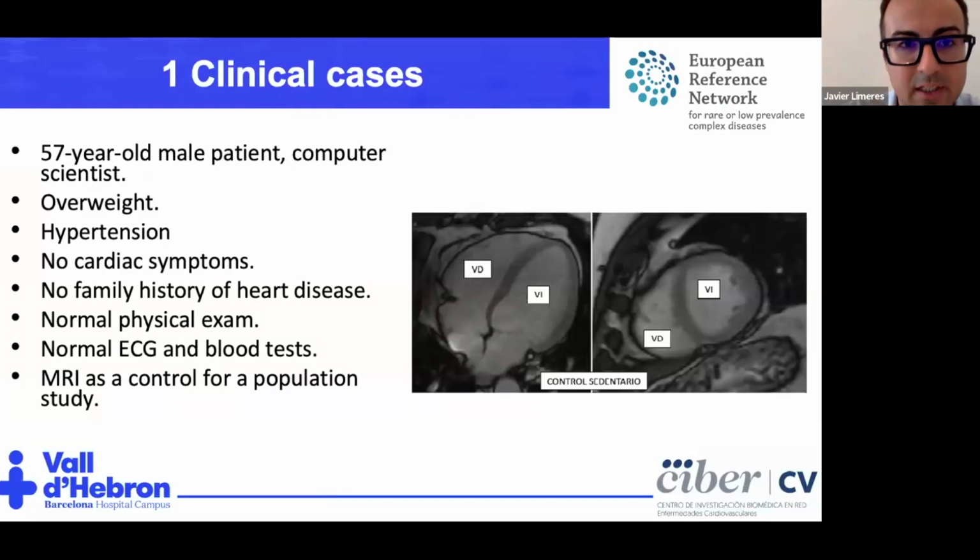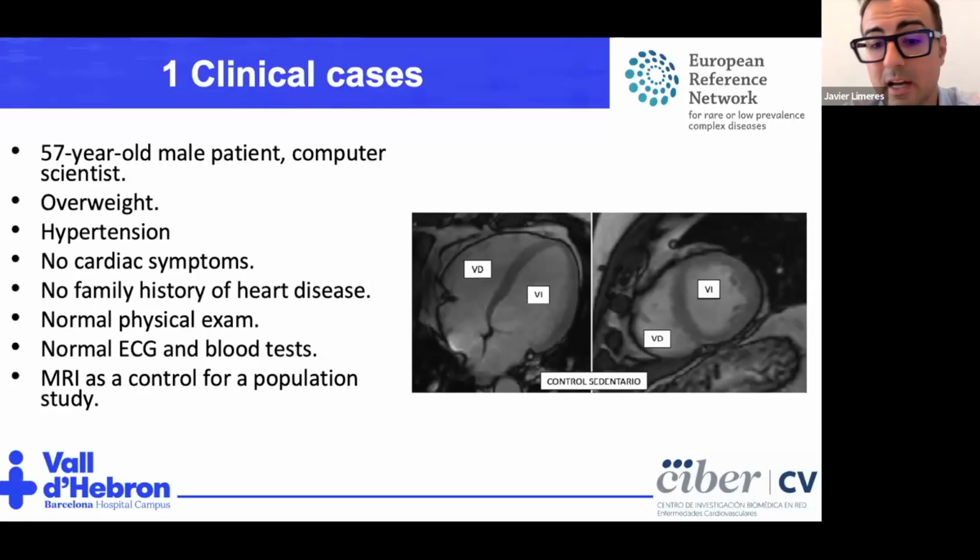For example, in this first case, I show you a patient of 57 years old, with no important medical history, who came to our unit. It's a normal control, because for different studies of our unit, sometimes we use doctors or normal patients.